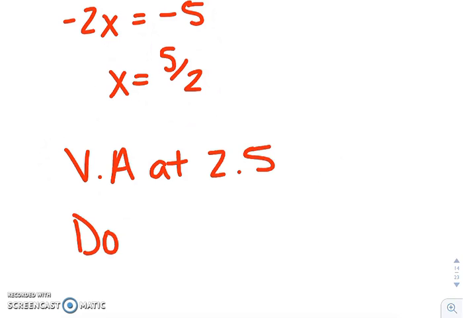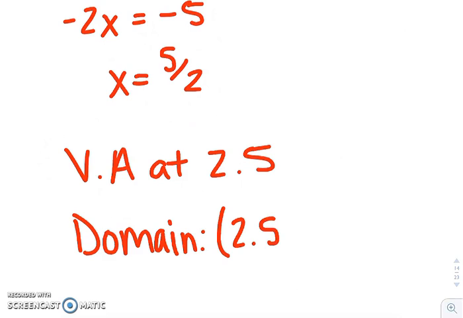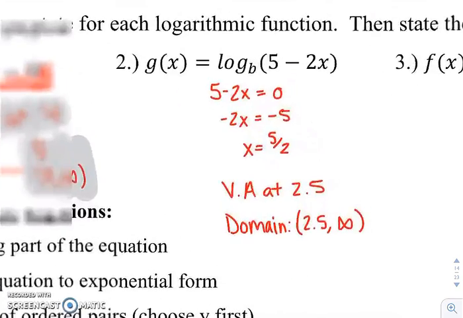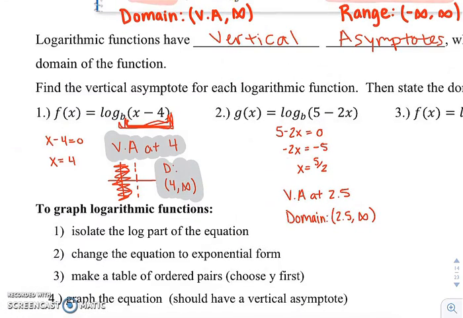The domain would be 2.5 to positive infinity. We're using parentheses, just like we did for our horizontal asymptote, because asymptotes are boundary lines. We are approaching that value, but we're not really reaching it. So we're always going to use parentheses, never brackets.